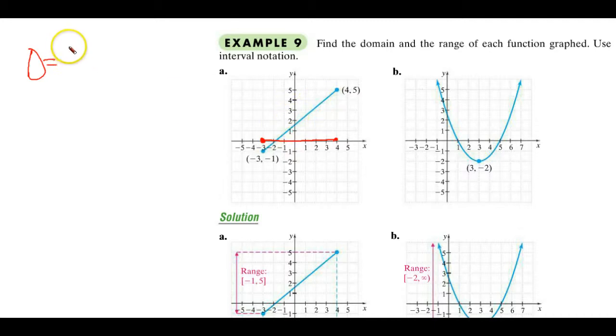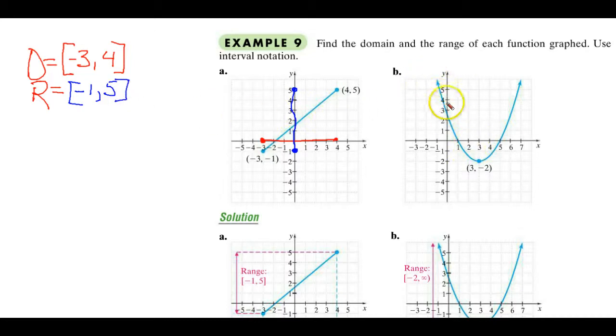So, in interval notation, since -3 is included in the set, and then up to 4, which is also included in the set. Now for the range, we can do the same thing. As we look over here, our y value is a -1, and this y value is a 5. So it will go from and including -1 up to 5.